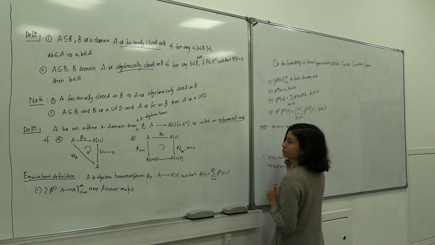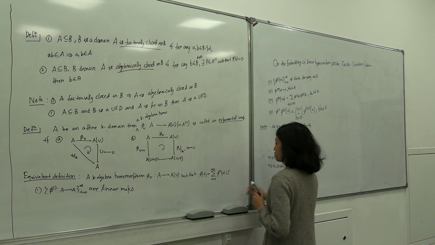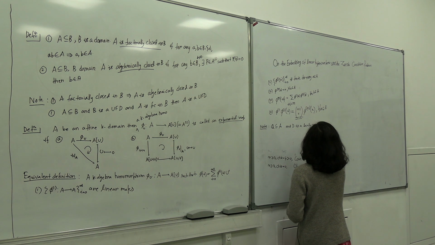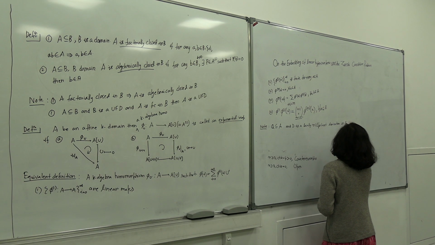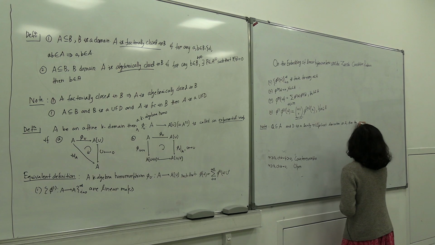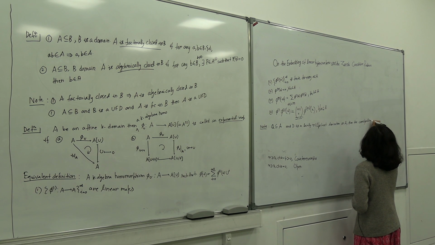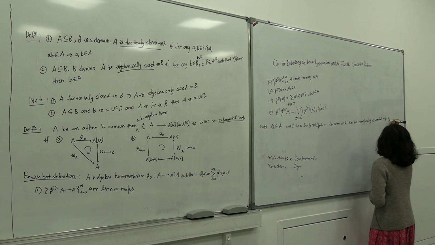So just note, if the characteristic of the field K is 0, that is, Q is contained inside A, and D is a locally nilpotent derivation on A, then the corresponding exponential map phi_D is as follows.